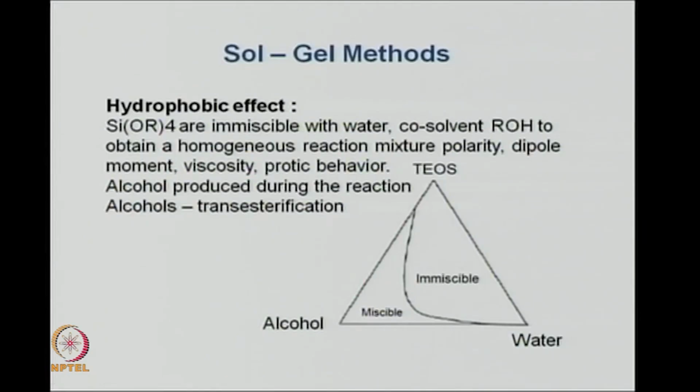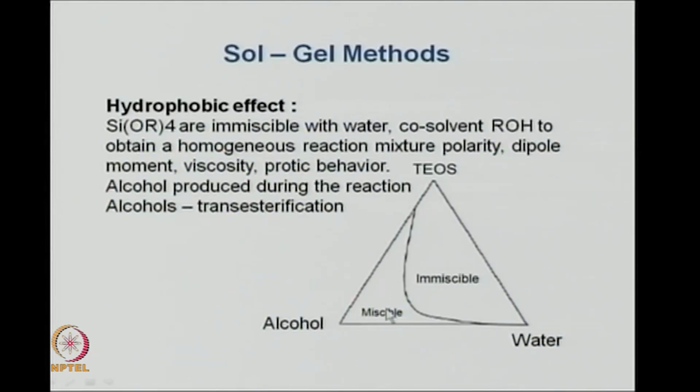Now, there are other effects like hydrophobic effects, which are important. So, this is a phase diagram of the silane, the alcohol and water. These are the three things which are in your system, and in some range of compositions you have miscibility, and in some other range it is immiscible. Normally the silane, as you see, is immiscible with water. Only when you add an alcohol you come to the miscibility range.